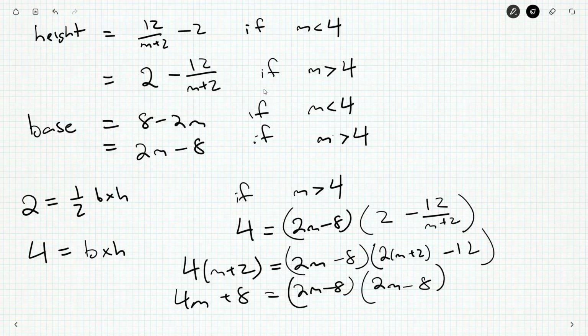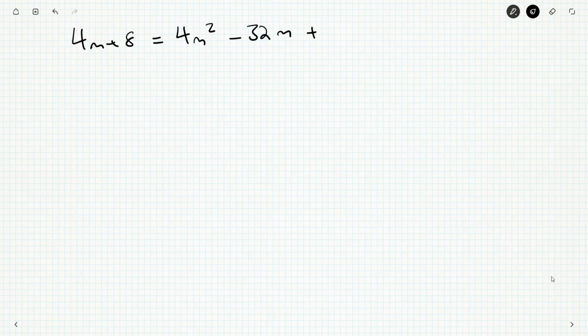Interesting. Okay. Did I do all that right? Yes, it looks like I did. Okay, so 2m minus 8 squared is 4m plus 8. Well, we can solve that. It's just a quadratic. So we'll have 4m plus 8 is 2m minus 8, so that's 4m squared, minus 2 times 16, so 32m plus 64.